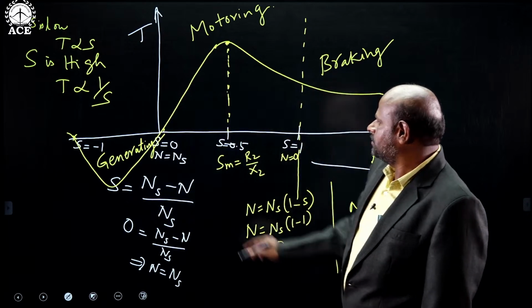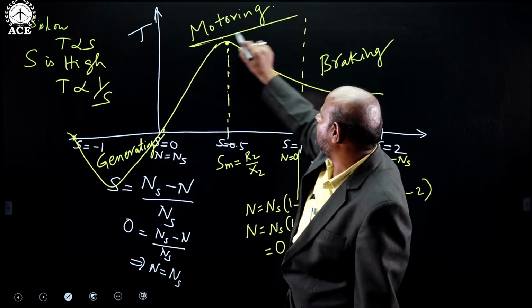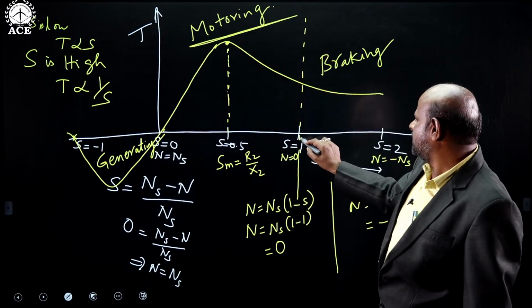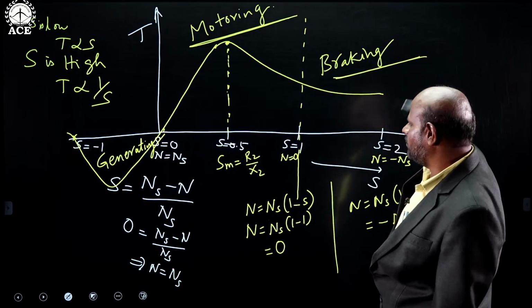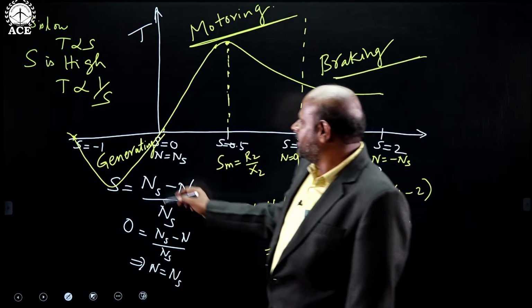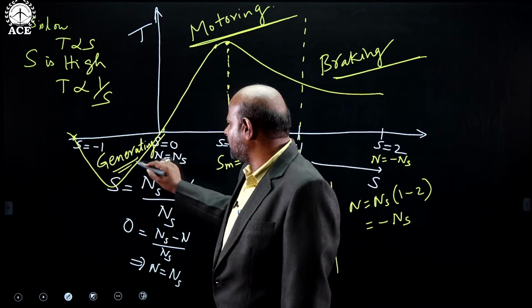Right? So during the region 0 to 1, the induction motor will act as motoring operation. When the slip is greater than 1, 1 to 2 will act as braking operation. Then 0 to minus 1, it will act as generating.